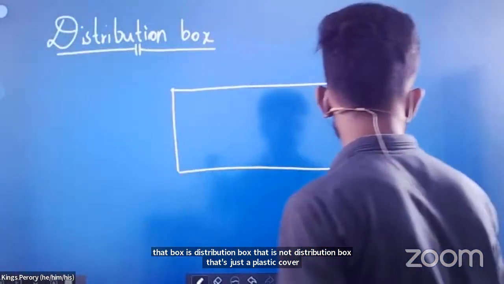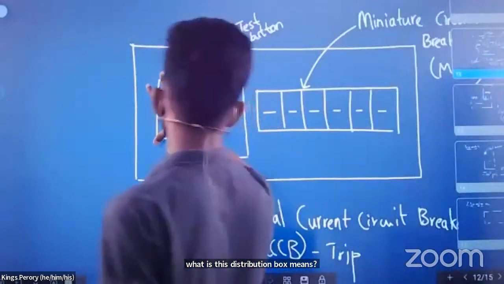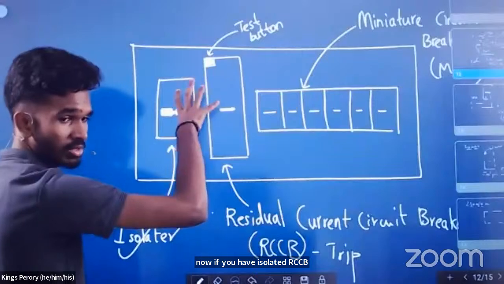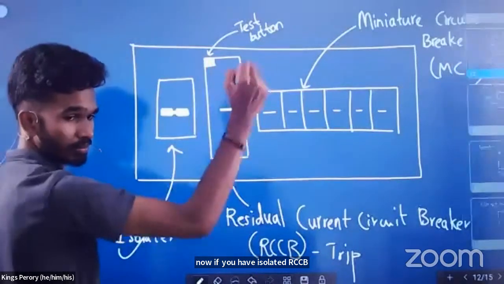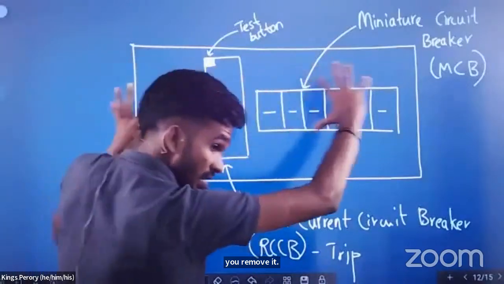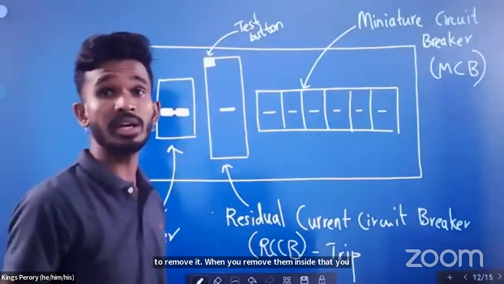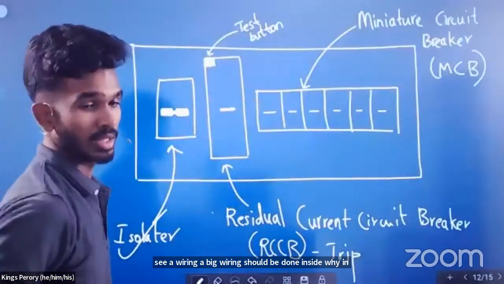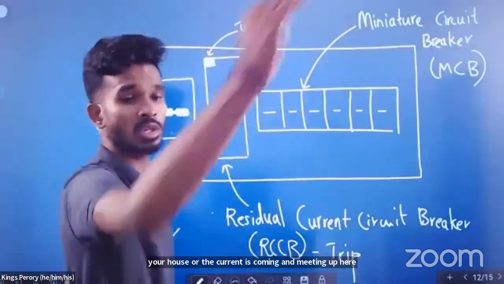What does distribution box mean? Now you have the isolator, RCCB, MCB, all those things. You remove them. When you remove them, inside that you can see a wiring. A big wiring is done inside. Why? In your house, all the current is coming and meeting up here. This is the control unit for your house current.